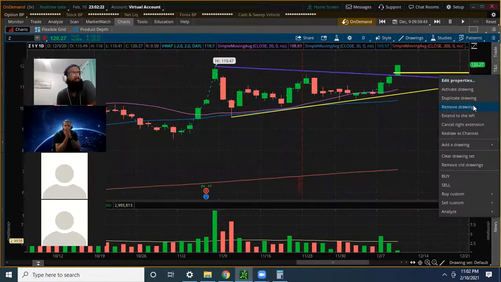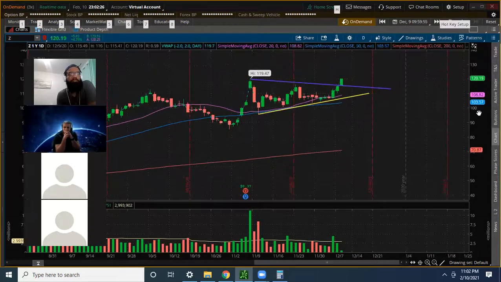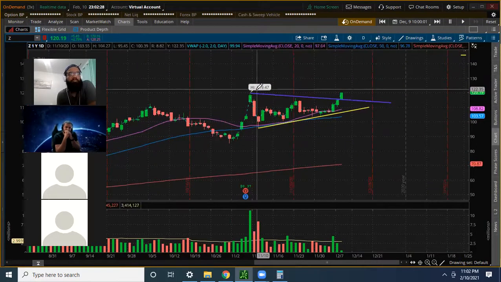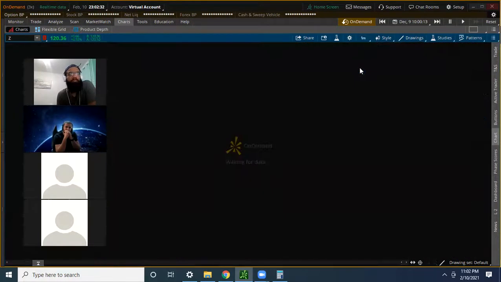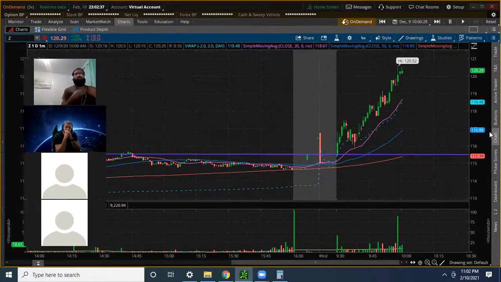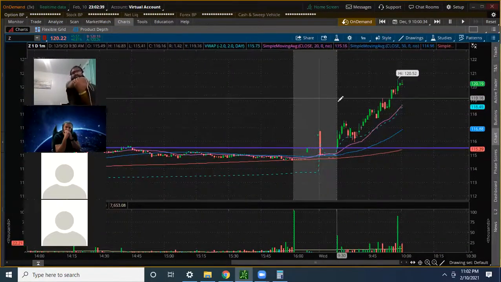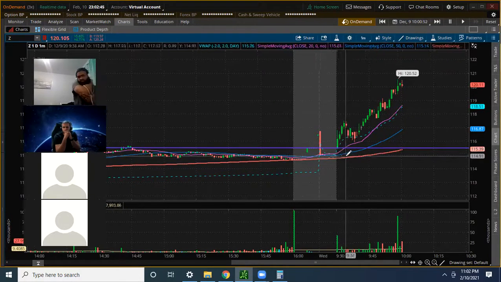Look at that. You got that big green candle set up right above the resistance trend line. It's using it as support. And what's going on with the SMAs? The same thing we spoke about. Every single run you'll see in your life, you'll see the SMA 20 opening up from the 200.